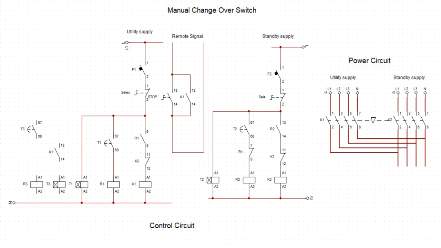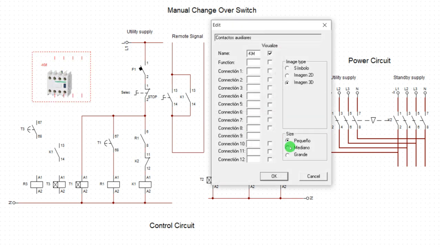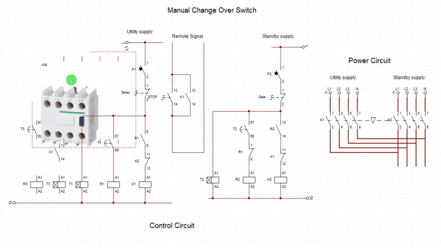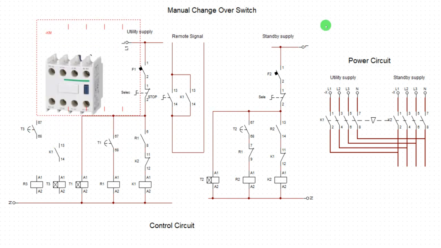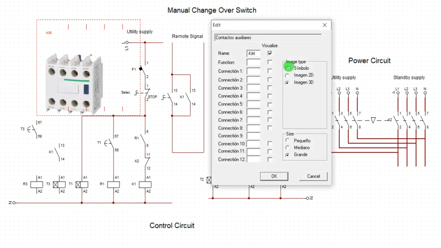And this K1 is going to be an integral part of this. Remember, I showed you a particular device called an auxiliary contact. Let me increase the size so that I can see it. Let me show you the symbol.